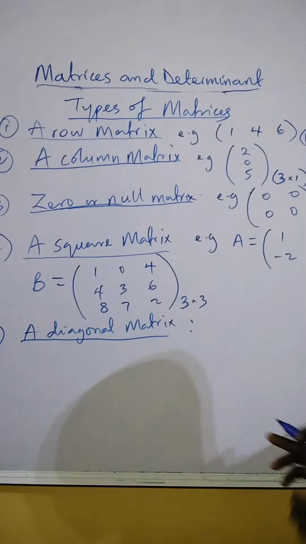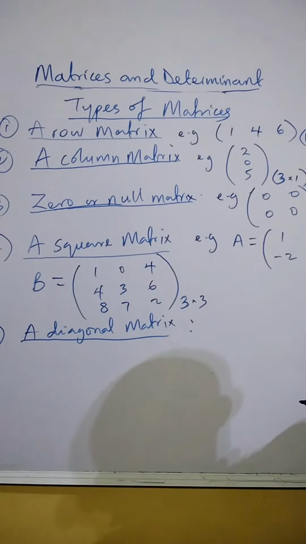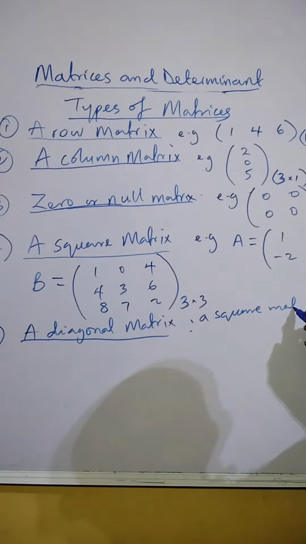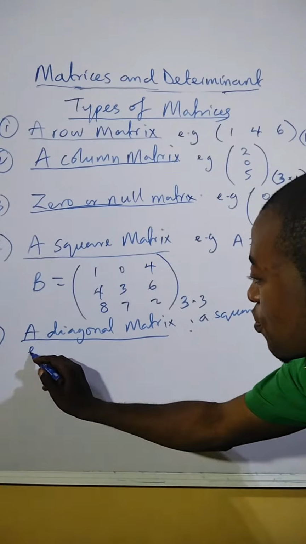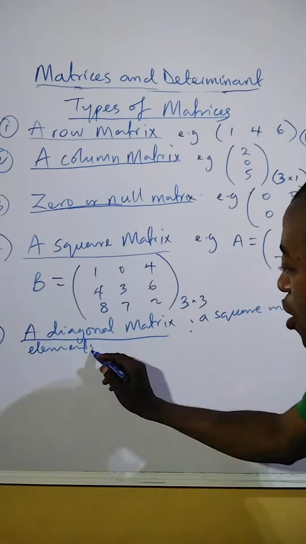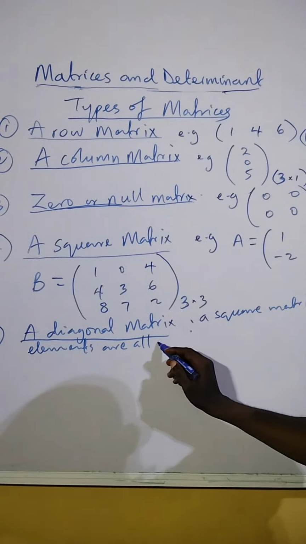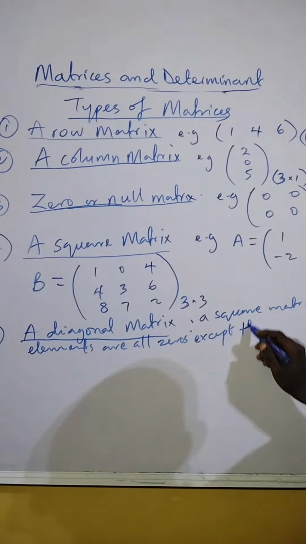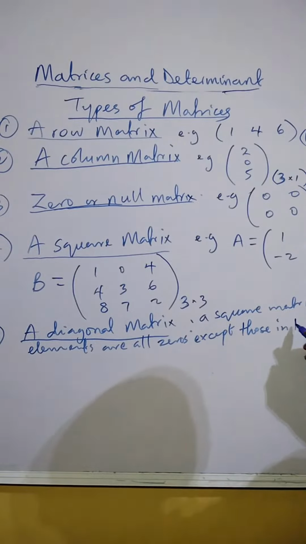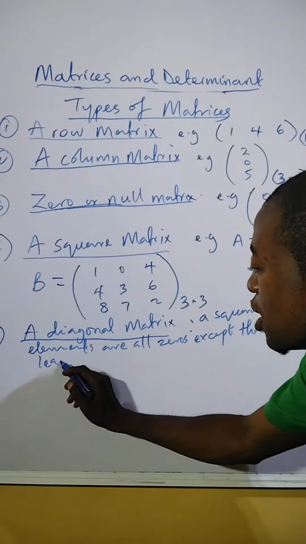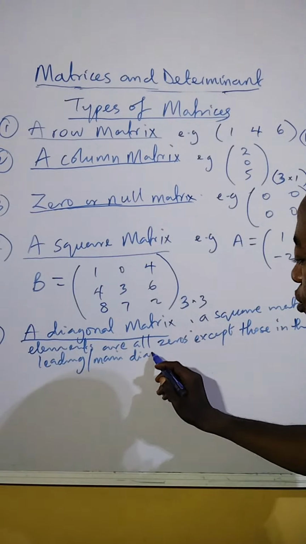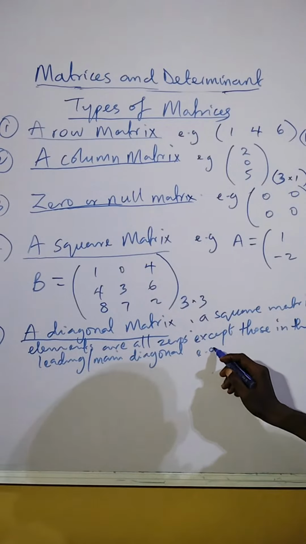So this is a square matrix whose elements are all zeros, except those in the leading or main diagonal. That's a diagonal matrix.